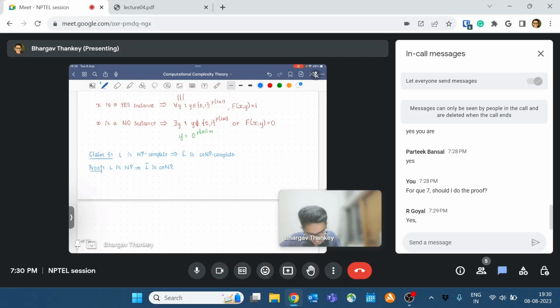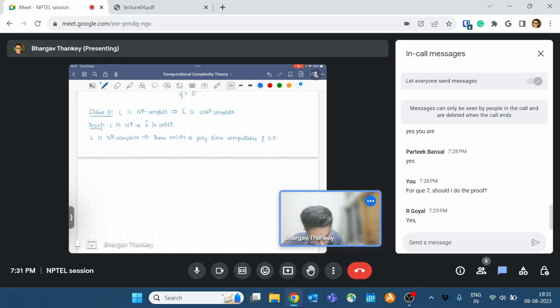So L is NP complete. Theorem: there exists a polytime computable f such that for all x, for all L prime in NP, x in L prime if and only if f of x is in L. I forgot this.